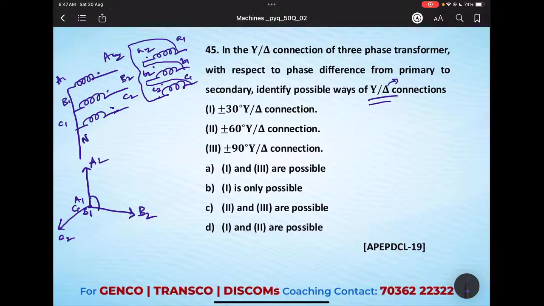That means if it is a balanced supply, each phasor needs to be displaced by 120 degrees. Let's note down the secondary side phasor diagram.